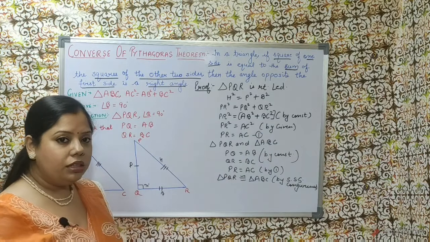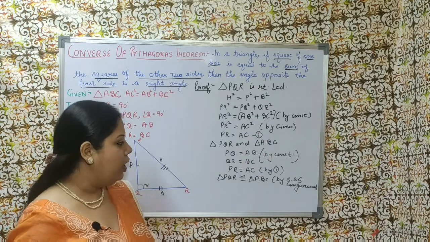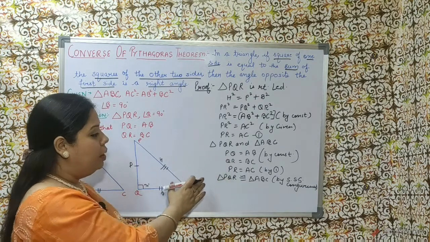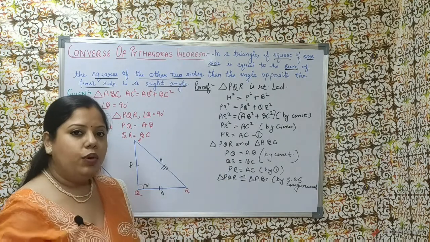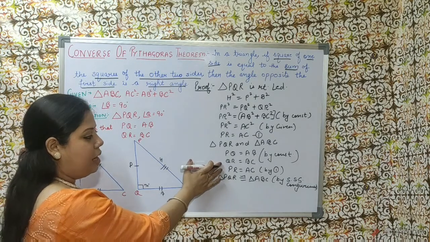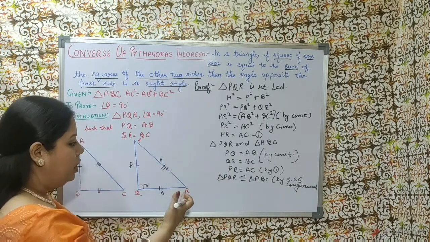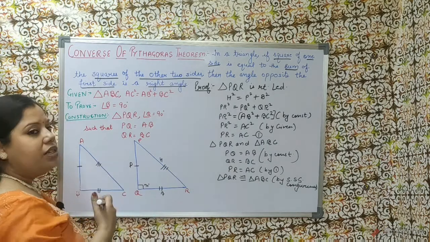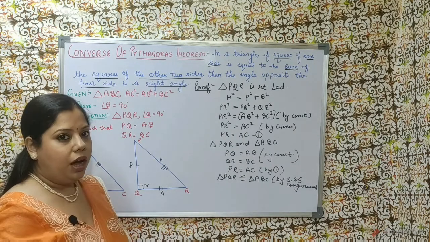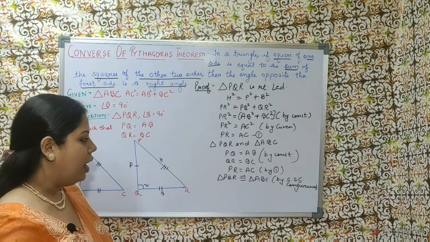So now I have proved that the two triangles are congruent, using three parts of the triangle. We all know that a triangle has 6 parts and I have used 3 parts here. It means the 3 parts which are left are also equal because they are corresponding parts of the congruent triangles.